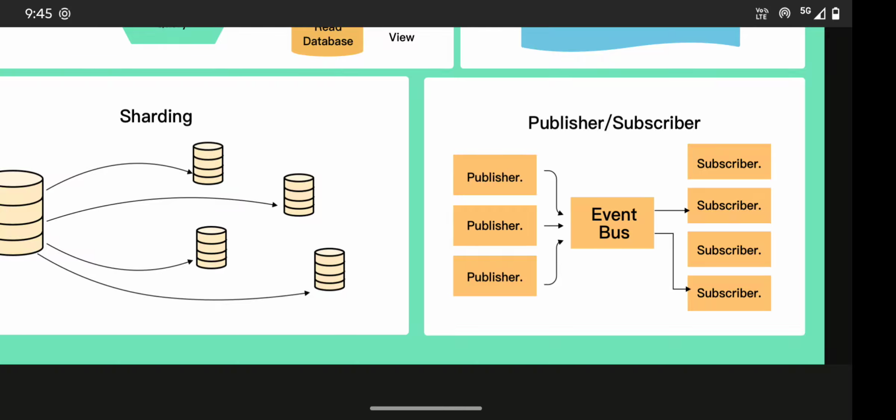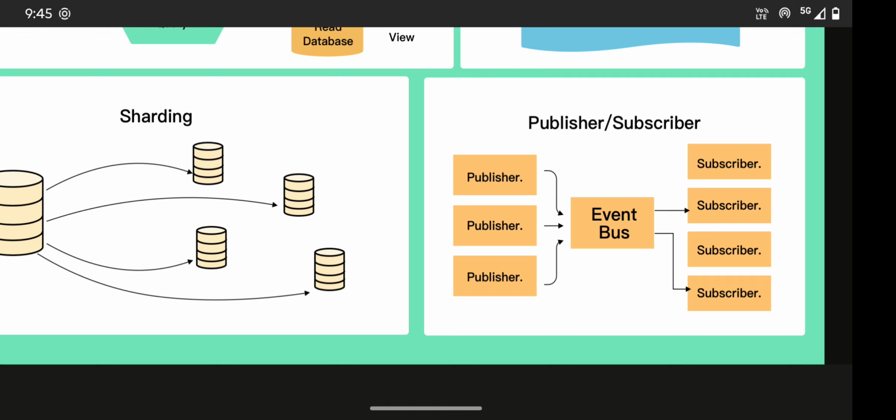Let's say they want to generate alerts, send notifications, or take some action based on some events. They want to propagate data from one data source to another. There are so many use cases. So event driven architecture, we can also call it publisher subscriber.